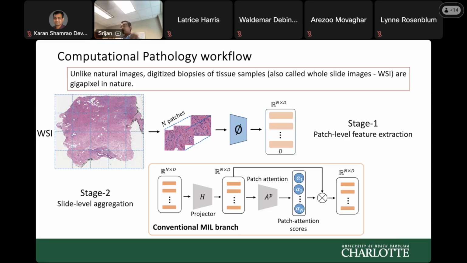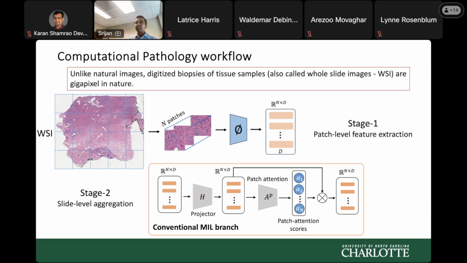Once we have these features per patch, we aggregate them in a multiple instance learning framework. This is a shallow deep learning network which aggregates all the patches. It mostly contains a patch attention module, which gives importance to each patch in the whole slide image. This kind of data comes with only one global slide-level annotation, mostly because annotation is so costly for pathology data.